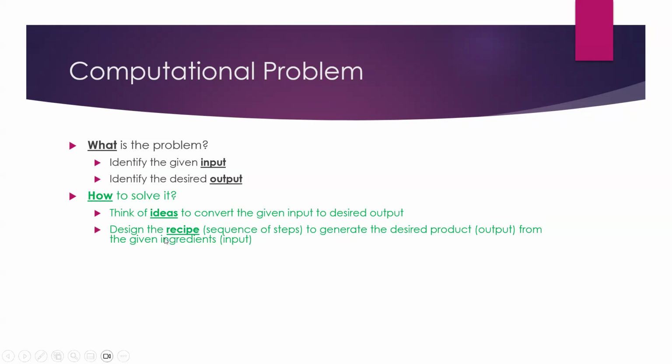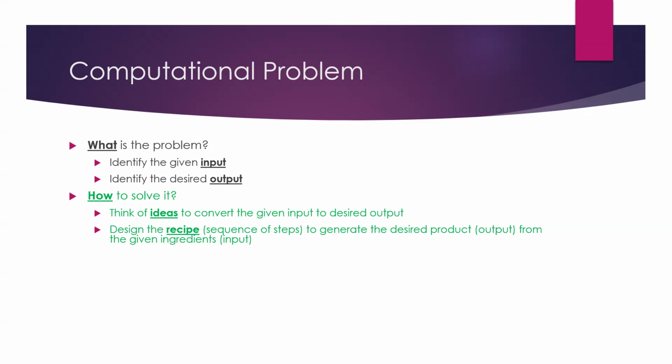So that means that we need to come up with a recipe. We need to have a recipe at hand, or we need to create a recipe. By recipe, we mean that we need to have a sequence of steps to generate the desired product from the given input. So if you know the recipe beforehand, that's good. If you don't know the recipe, then your fundamental task over here in the green part is that you need to create that recipe.